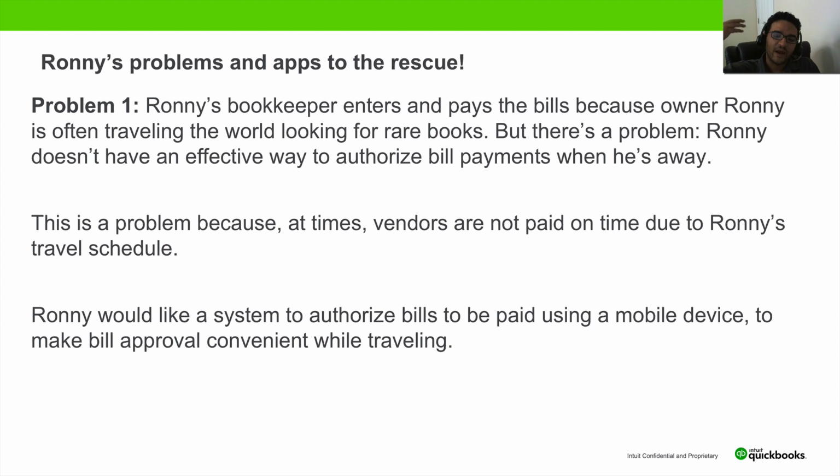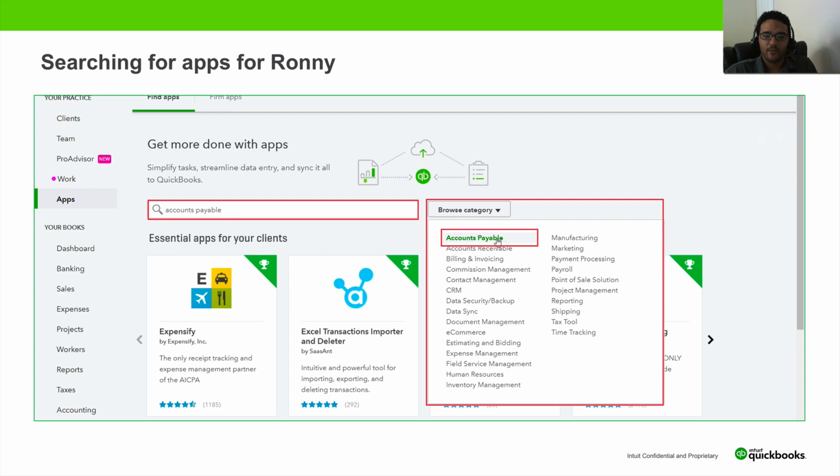But in some cases, you end up paying a vendor late. You can lose your vendor relationship, get late fees. So what kind of system could they put in place in order for Ronnie to approve these bills to be paid, maybe with a mobile device, conveniently while they're traveling, or internet access anywhere in the world?